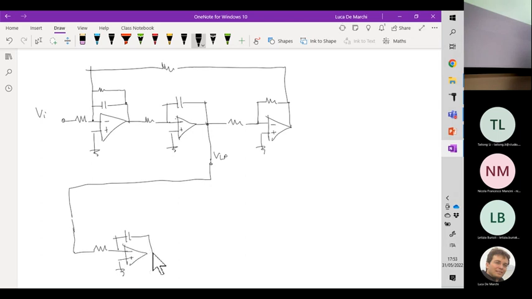Again, multiple feedbacks. The second integrator. And the inverting circuit.